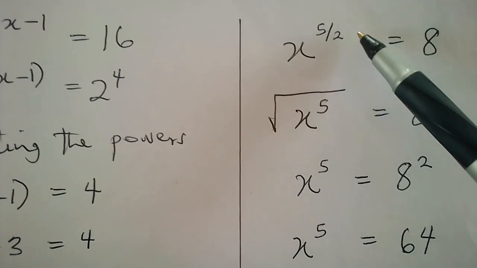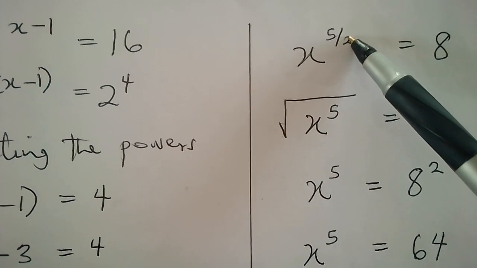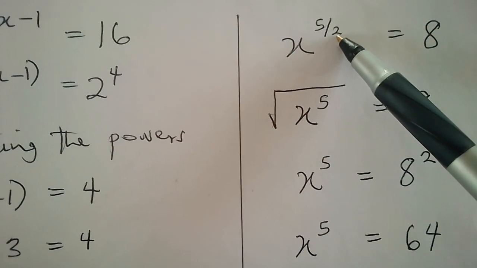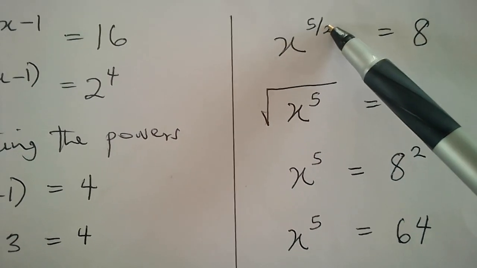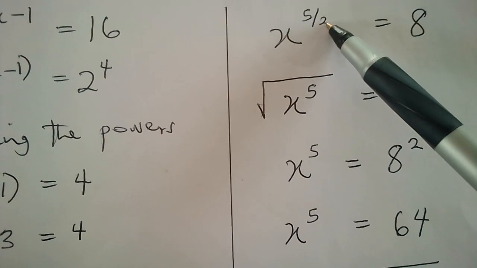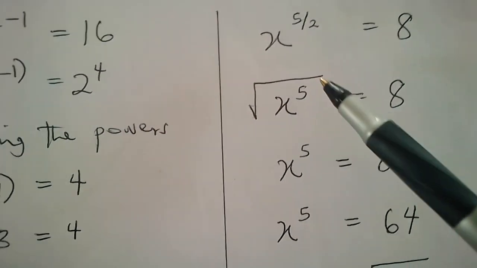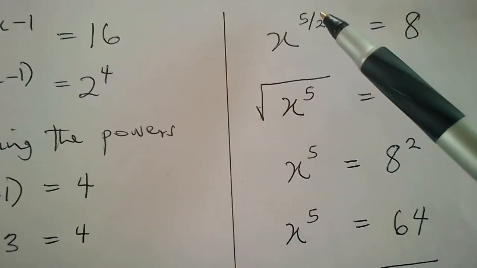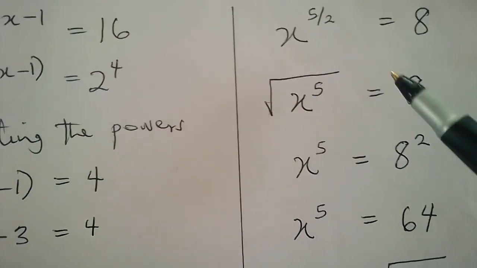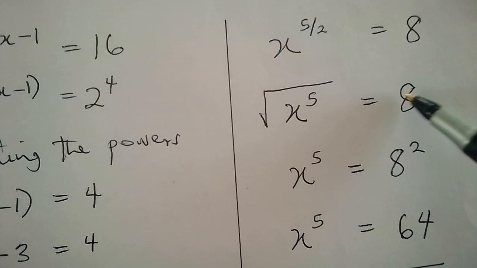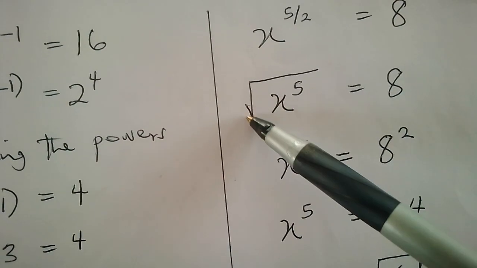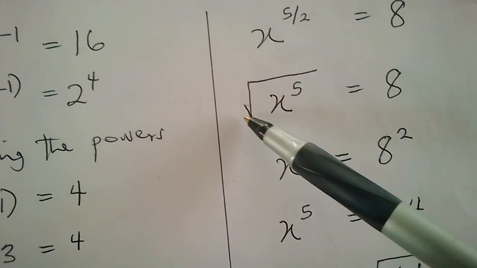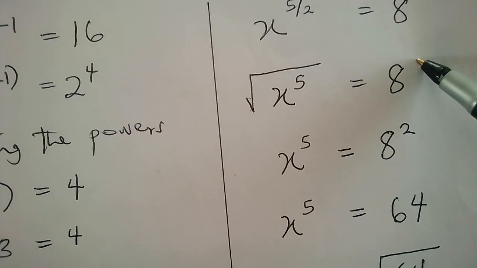If we have a fractional power, the denominator of the power is used to look for the root. So this 2, the denominator here, you use it to look for the root. That is the square root of x raised to power 5, the numerator will still be there, is equal to 8. So we will now make this square root cross the equality sign.